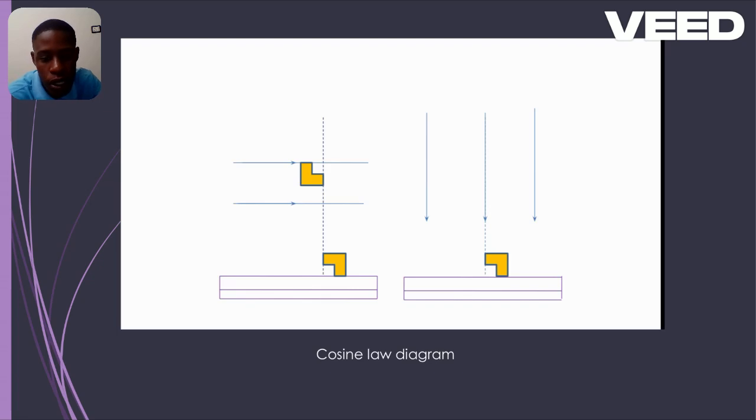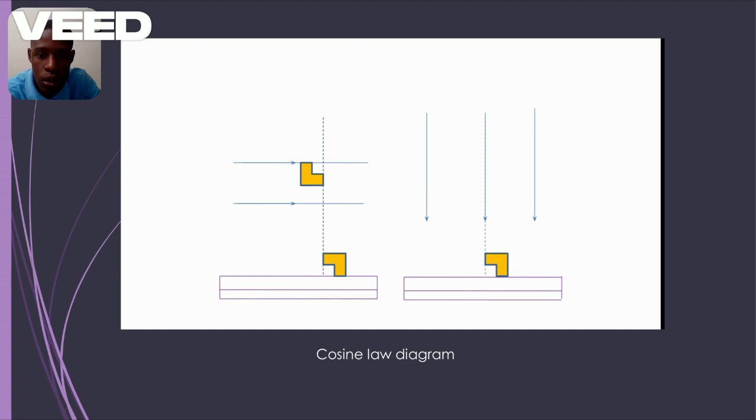For example, if we look at this diagram right here, if the waves come directly down from the sky, it will be more effective. That will be cos zero, which is one. So the radiation and the surface are perpendicular to each other, so it is directly proportional, which means there is more effective radiation.